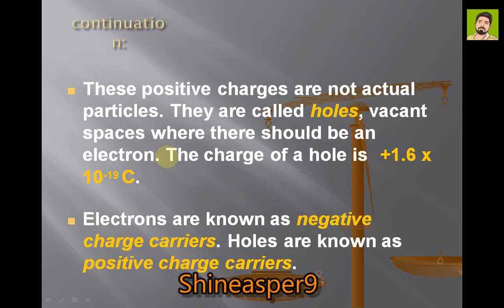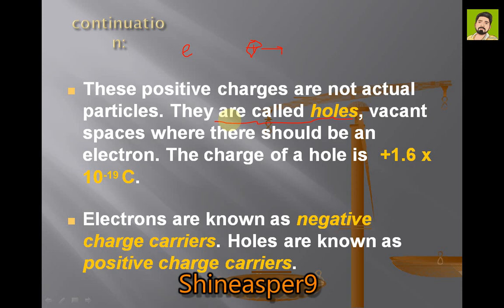Continuation. These positive charges are not actual particles. Electrons are particles, but this positive charge is not a particle. They are called holes, in vacant spaces where there should be an electron.